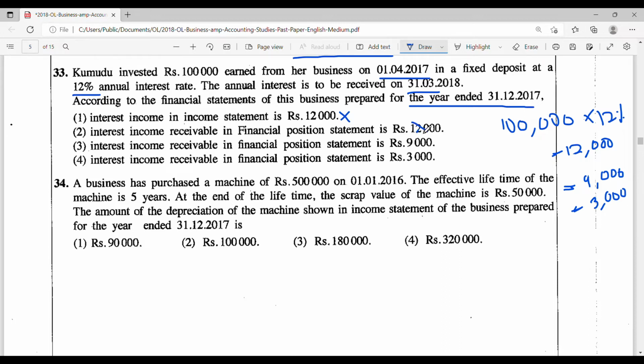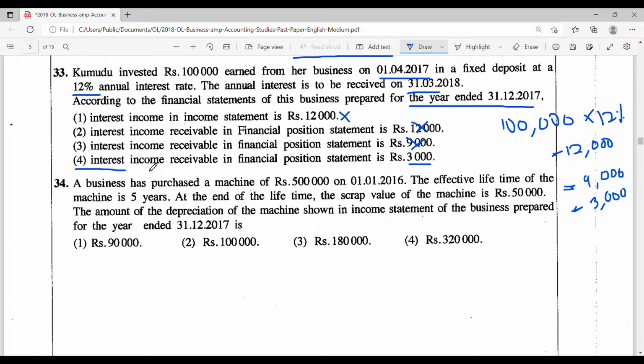So here also it is incorrect. Interest income receivable in financial position statement is 9,000. No, 9,000 is the interest income that is appropriate for this year. So, third one is also incorrect. Final, interest income receivable in financial position statement is 3,000. Yes, that is the correct answer. So, correct answer here is answer 4.